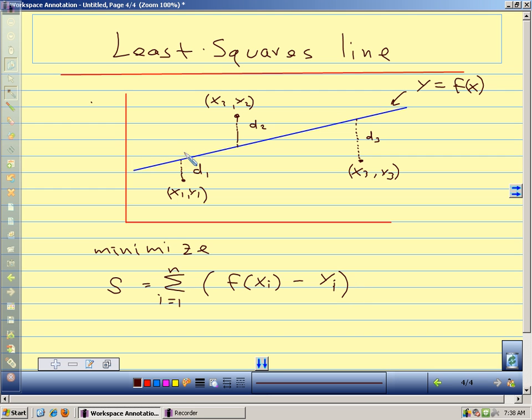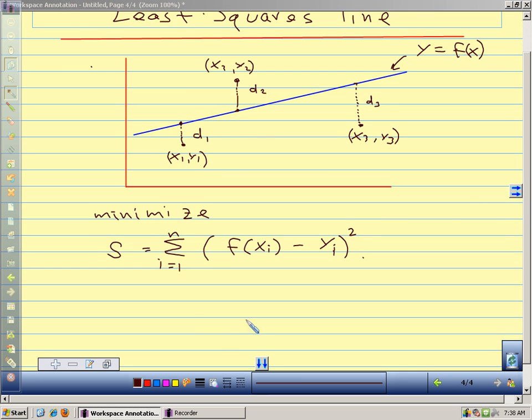So we're minimizing the vertical distance from this point that's on our line to our data point. So we're minimizing the sum of those distances squared.